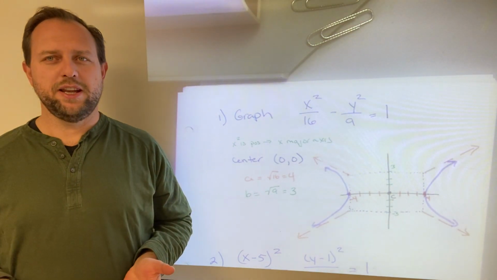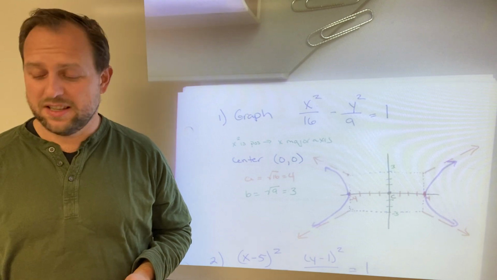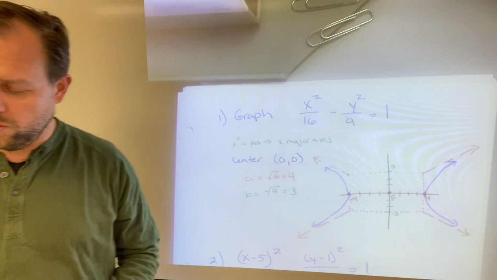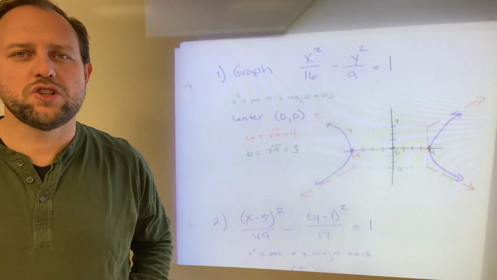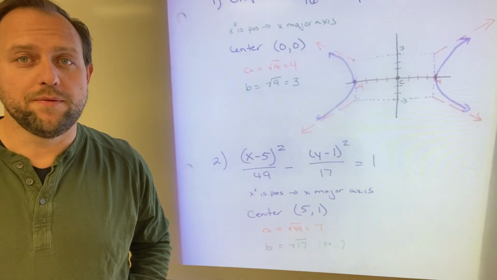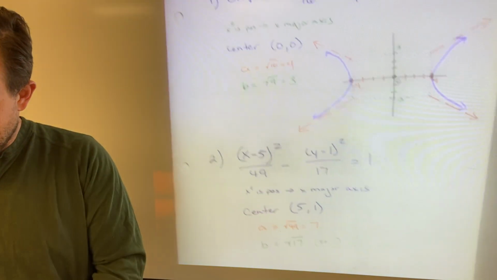Do we care what that little bit is? Not really, because these are just hand sketches. We just need to show that we went out a little past 4. So let's look at what that looks like.